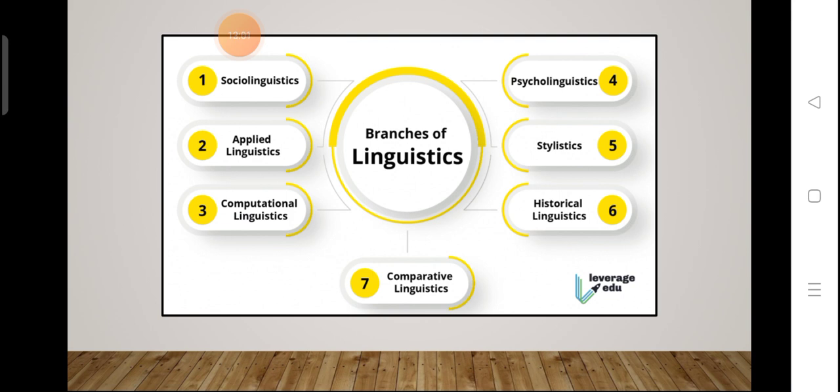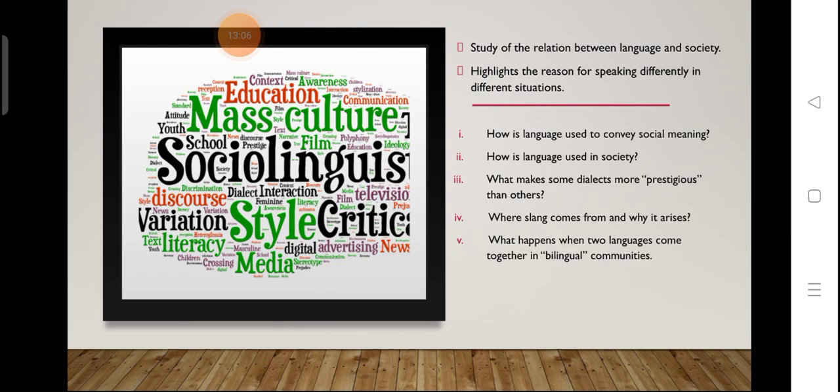All right. So first we'll look into sociolinguistics. Sociolinguistics studies how language is used in society, or the relationship between language and society. It highlights the reason for speaking differently in different situations. We know we have many dialects for the same languages, and again, certain words are considered as slang.